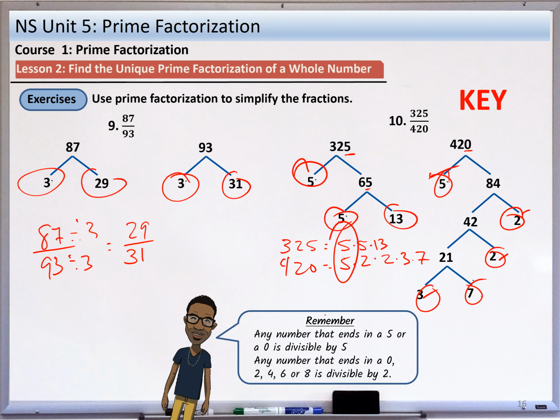Only thing I have in common here is a 5. So I'm going to simplify by 5. 325 420ths divided by 5, and I get 65 84ths. Okay.